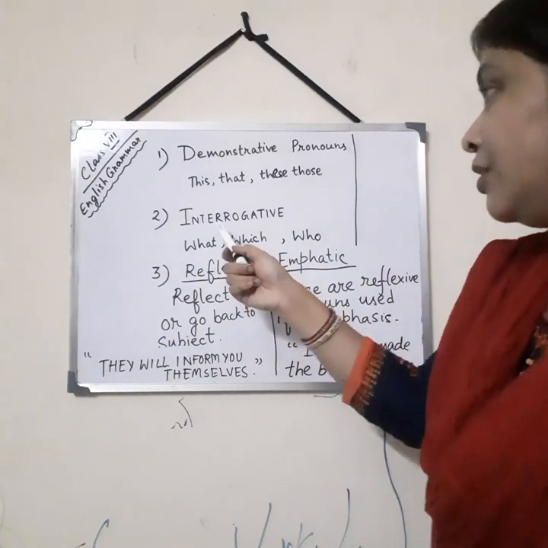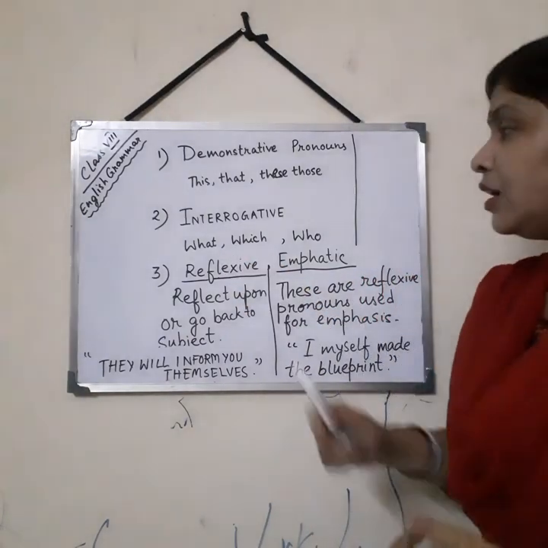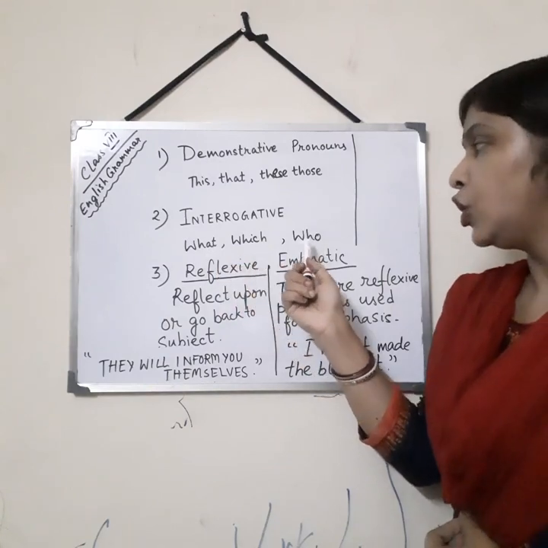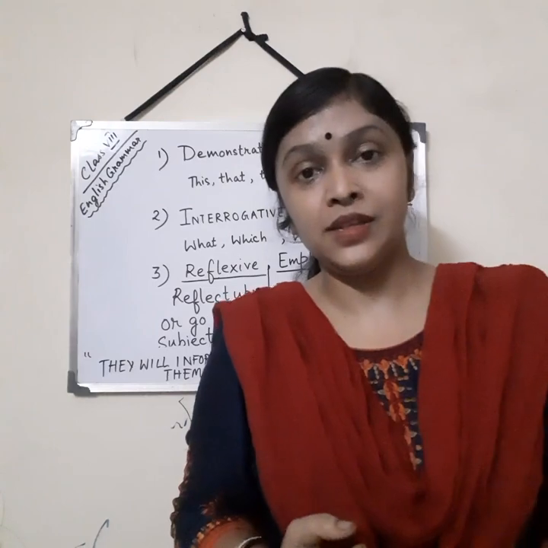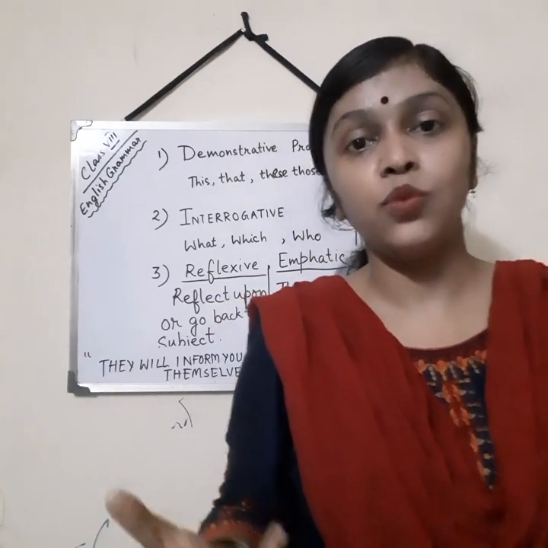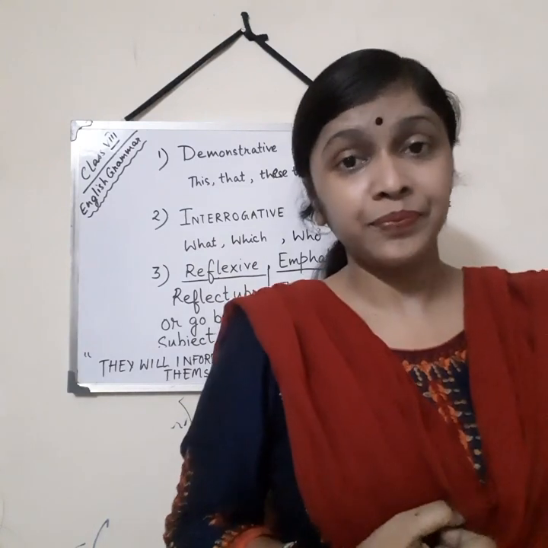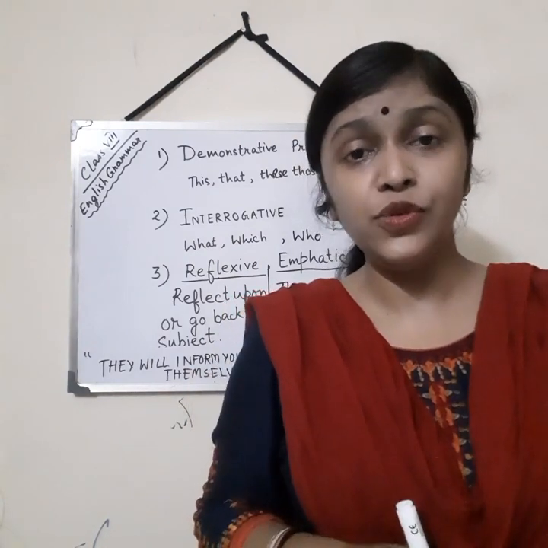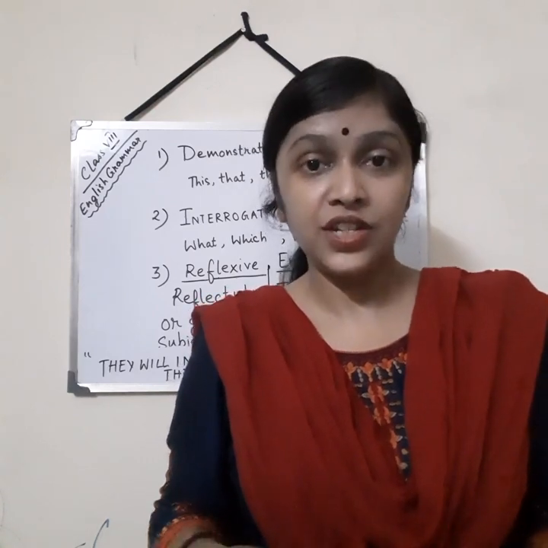Next, come to interrogative pronouns. Interrogative pronouns are words like what, which, who, which work for asking questions. Okay, what is your name? Which is your bag? Who is that boy? All those are used for asking questions and they are interrogative pronouns.